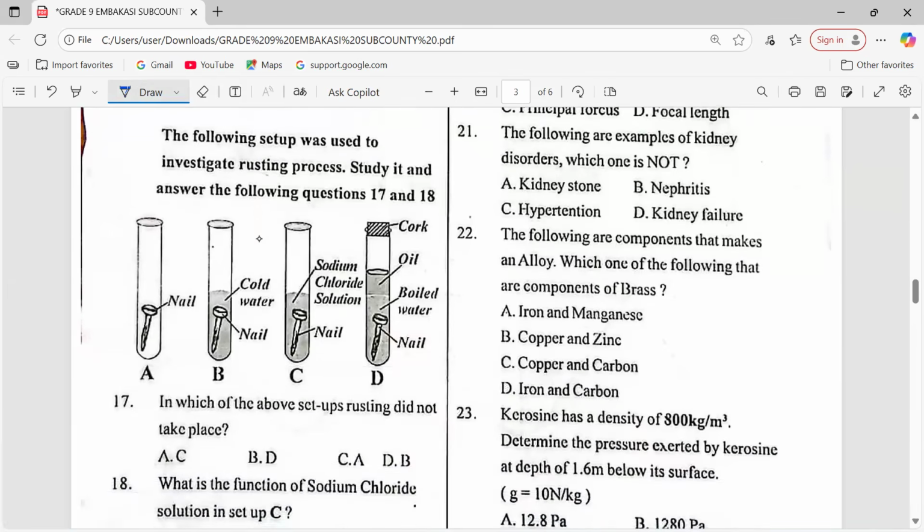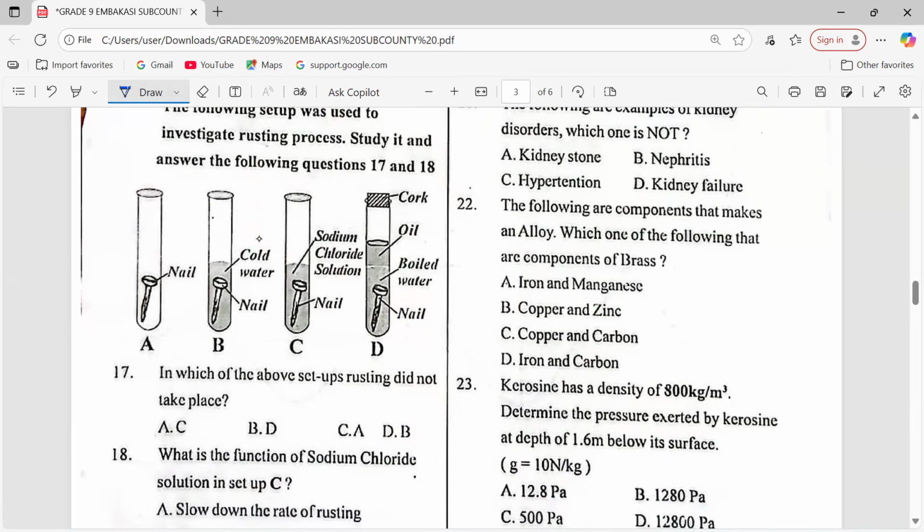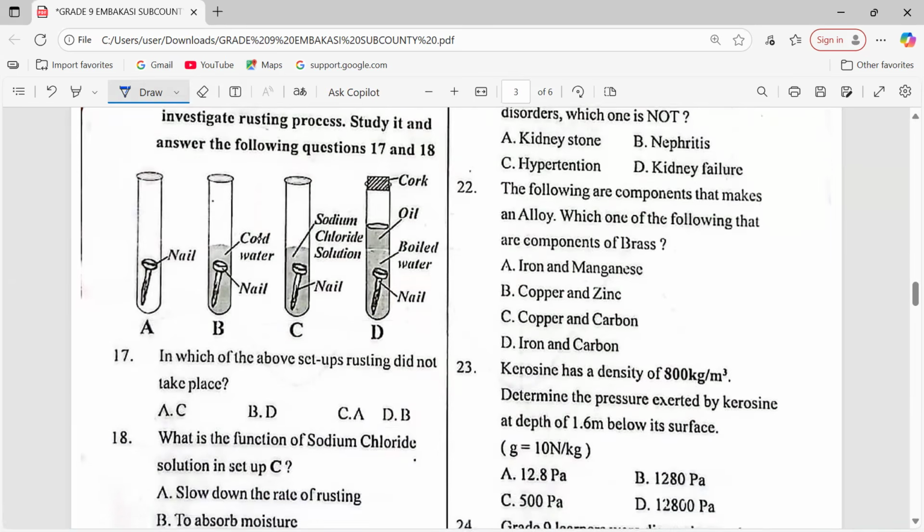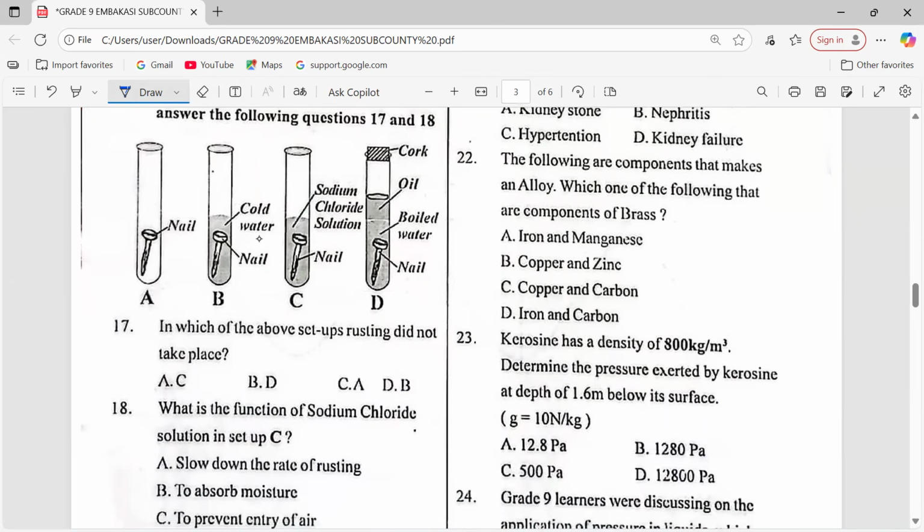The following setup was used to investigate the rusting process. Study it and answer questions 17 and 18. We have a nail, then the test tube is just open in part B. We have cold water and a nail. In C, we have sodium chloride solution and a nail.